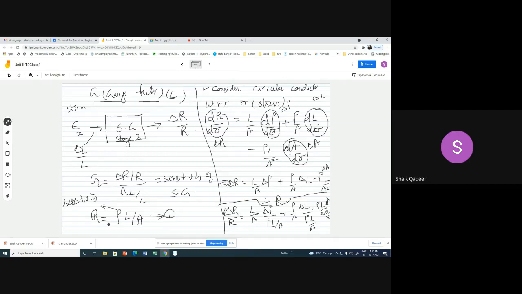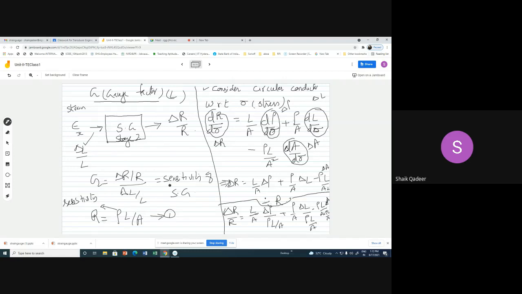We know that when we apply some amount of stress or pressure on it, its dimensions get deformed. In order to get the relation between the applied stress and the change in resistance, we need to differentiate this equation partially with respect to the applied input, which is stress.